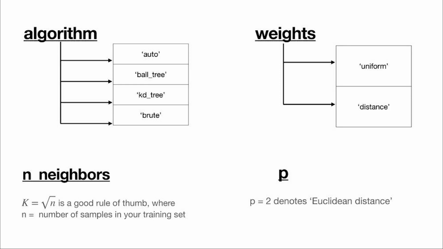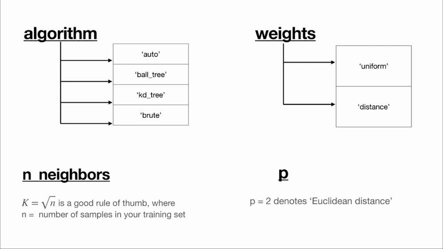We also had this other parameter named weights, and it was set at uniform. What does it mean? When you have k nearest neighbors, let's say two or four nearest neighbors, you are comparing them and taking their voting in classification, or getting their average. The impact each nearest neighbor has is uniform only when you set the weights at uniform. You can change it and it can potentially improve your accuracy as well.